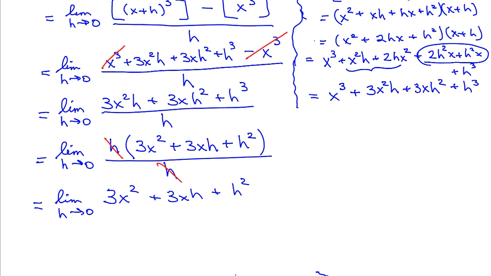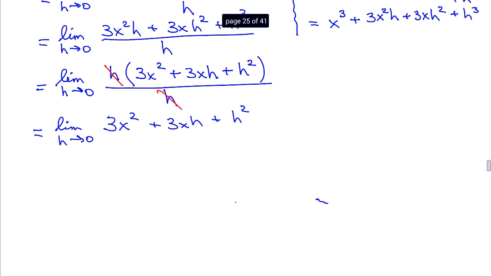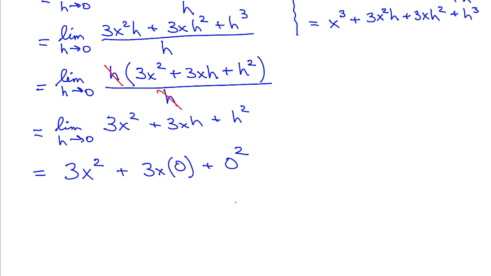We have gotten rid of the h in the bottom, so we can now evaluate the limit by plugging in h goes to 0. So this is 3x squared plus 3x times 0 plus 0 squared. Remember, this is a limit with h as the variable, so it's only the h's that go to 0, not the x's.